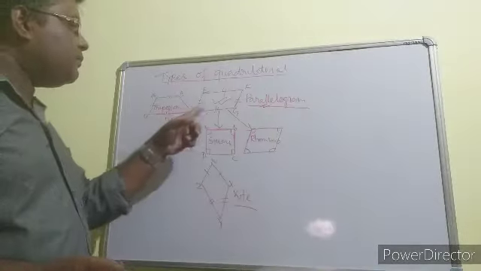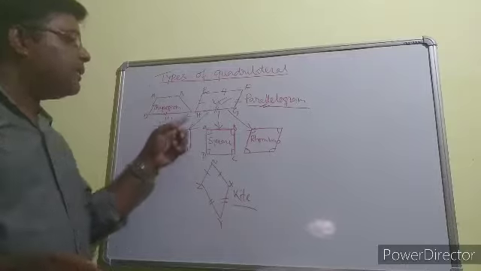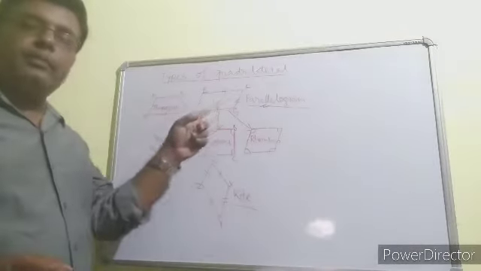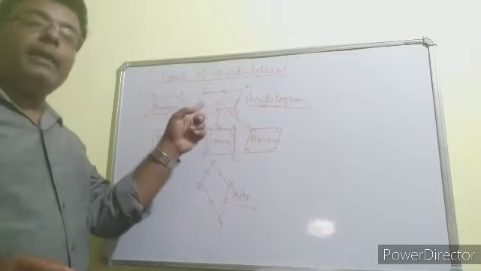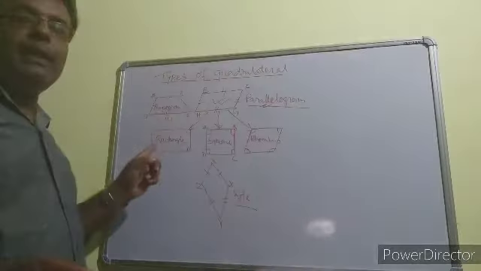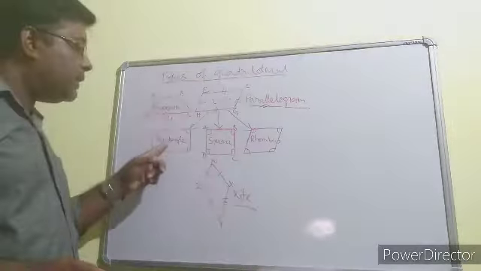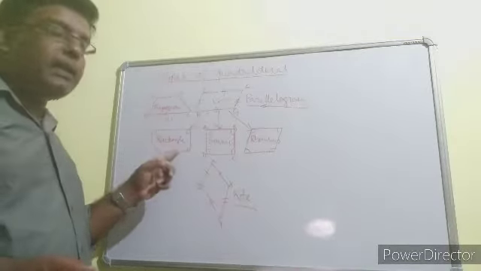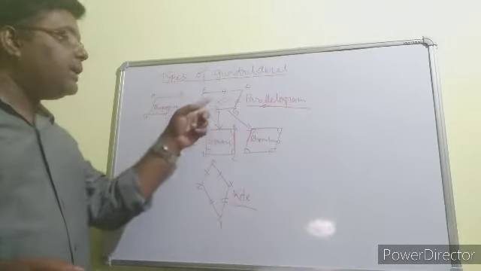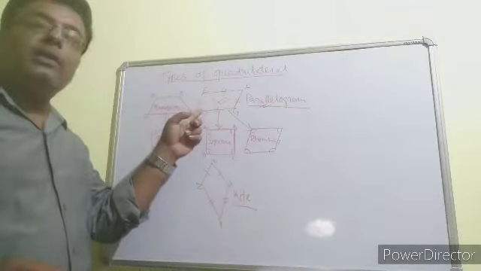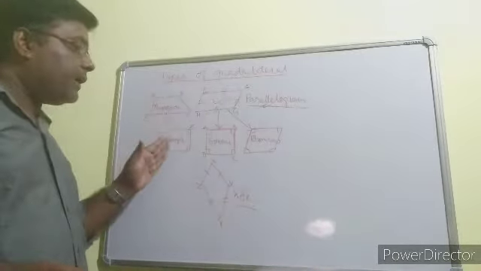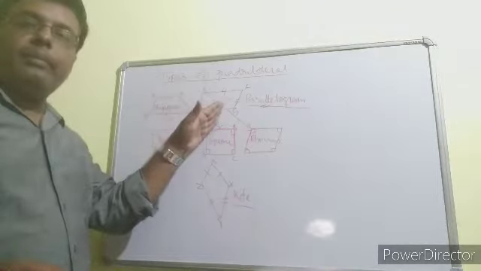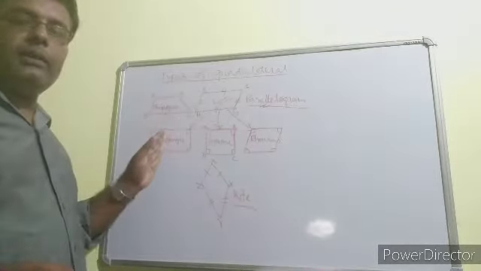Similarly, a rectangle is a parallelogram, but a parallelogram cannot be considered as rectangle because a rectangle has another special property, that is, angles are 90 degree. But in a parallelogram, angles are not 90 degree. That means rectangles are parallelograms, but parallelograms are not rectangles.